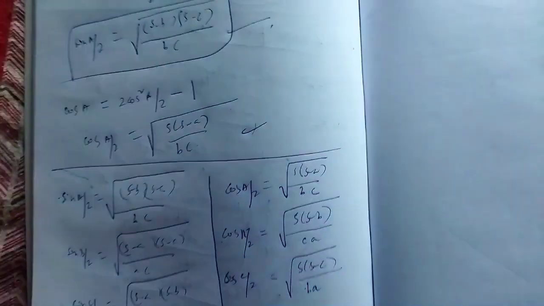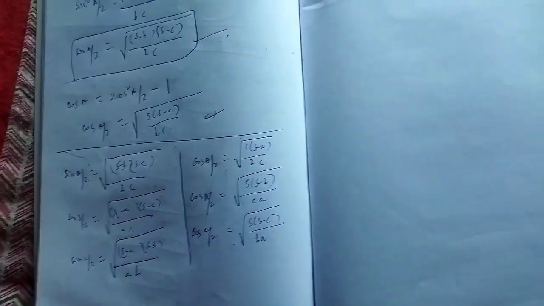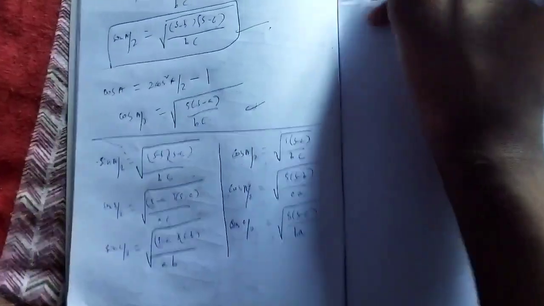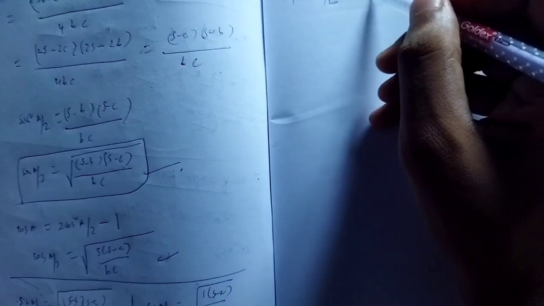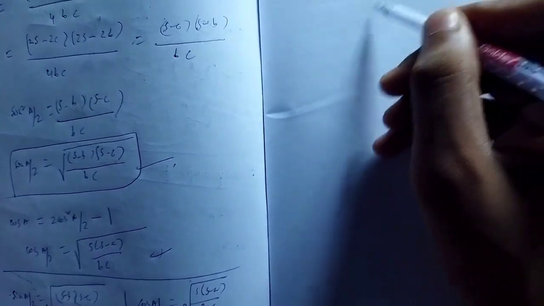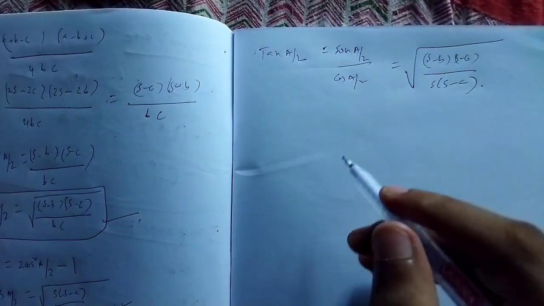Right, and we can get tan A/2, tan B/2, tan C/2 by dividing sine and cos, right? Let us find tan A/2. It is equal to sine A/2 by cos A/2.